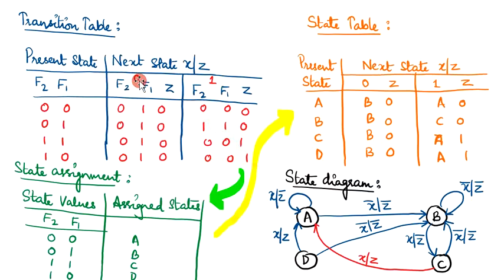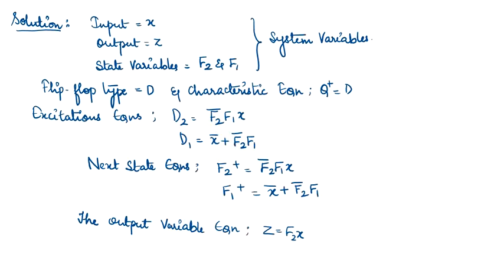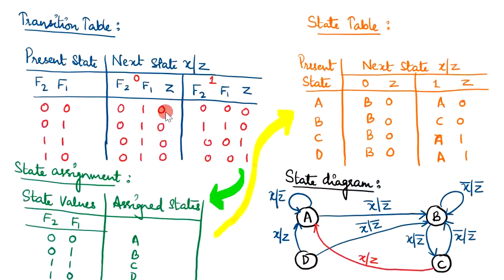That's why you get 0 here. And the variable Z is equal to F2 into X, and that is why you get 0 here. In a similar manner, you are going to obtain all the remaining contents of the next state table.